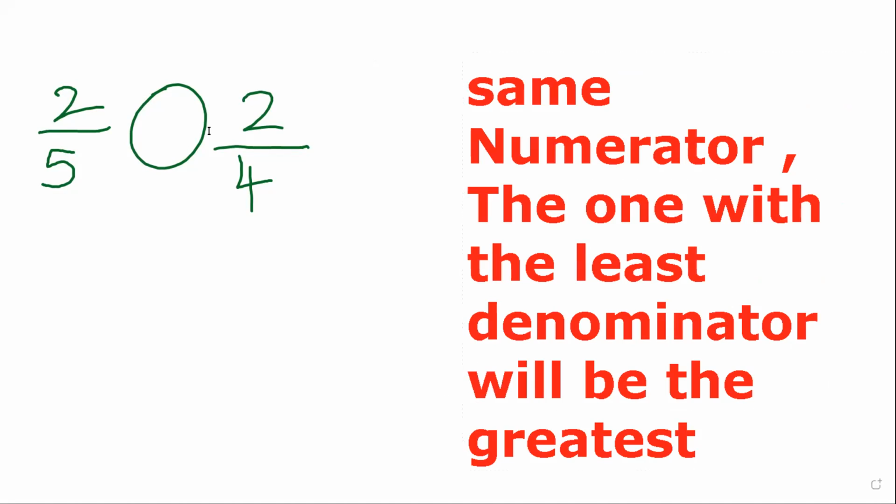What do I mean by it? Look here. We have 5 and we have 4. Which is the least? 4. So since 4 is less than 5, 2/4 will be the greatest.